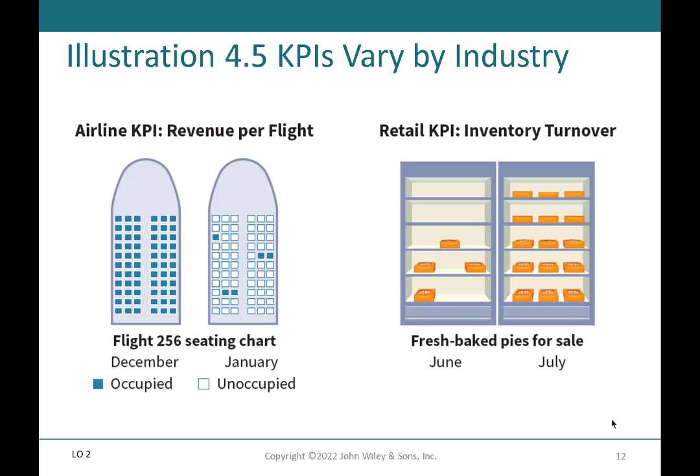Now, there are some KPIs that vary by industry that are specific for certain types of companies. Notice we have this example here of a company in the airline industry. So we're looking at this specific KPI, revenue per flight for this company. Notice the blue squares here are occupied seats. The white ones are unoccupied.